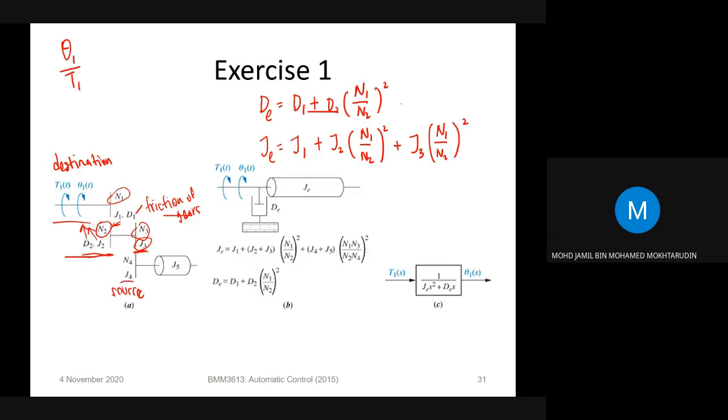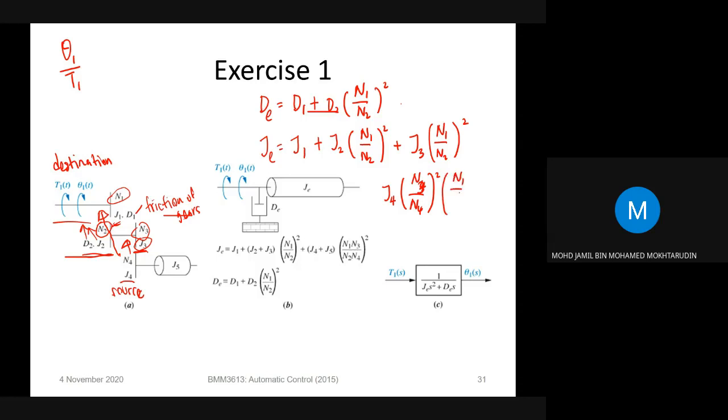And then J4 here. So J4 multiplied with N4 over N3 squared. So when you multiply with N4 over N3 squared, N3 over N4 squared, so you basically transfer J4 onto this section only. So you need to multiply with N1 over N2 squared to allow J4 to be transferred on the destination. So you multiply 2 times, okay?